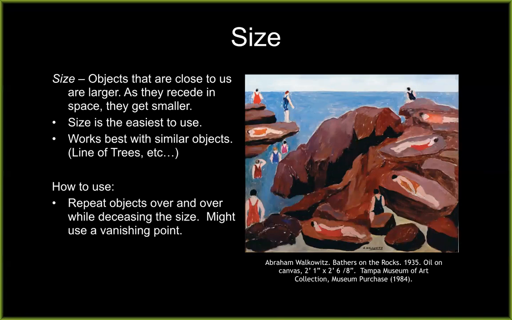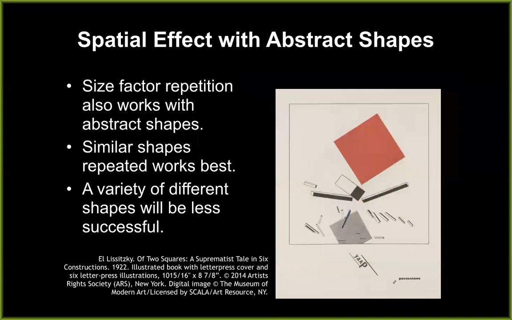So to use this in your own work, you would repeat the same basic object. You know, there are differences in the figures in this painting, but basically they're all recognizable as a figure. So they're repeated while decreasing the size. You may or may not have a vanishing point, which we'll talk about a little bit later. It also works with abstract shapes.